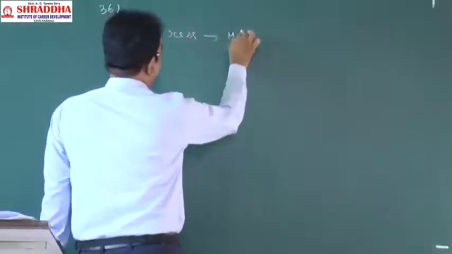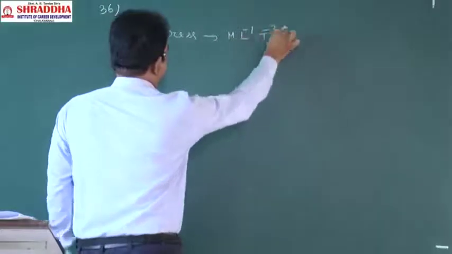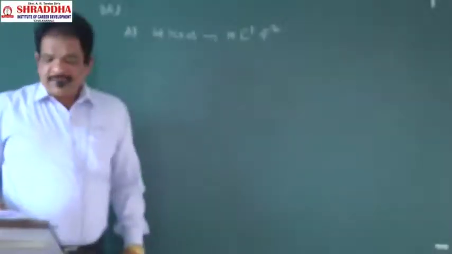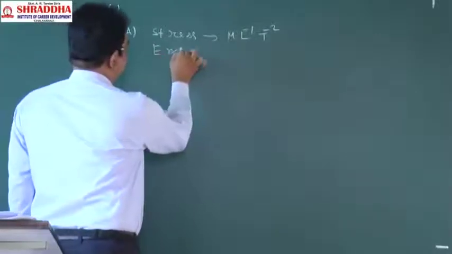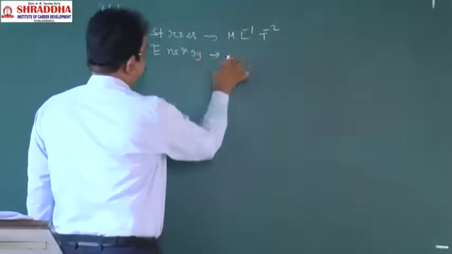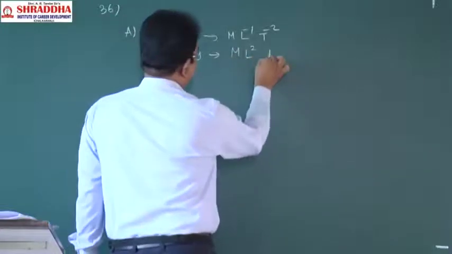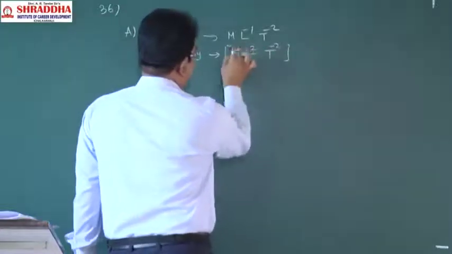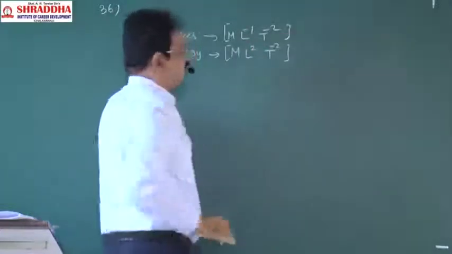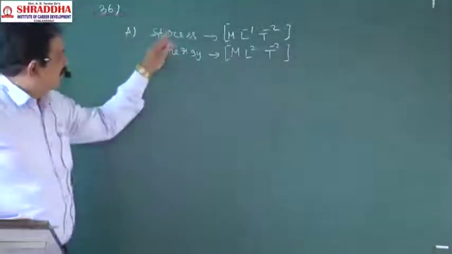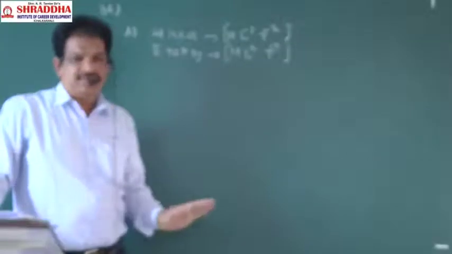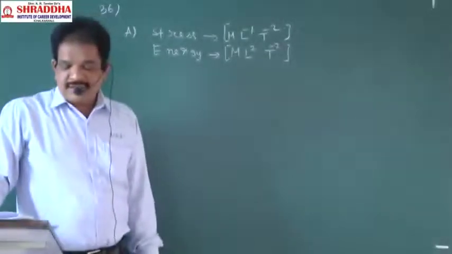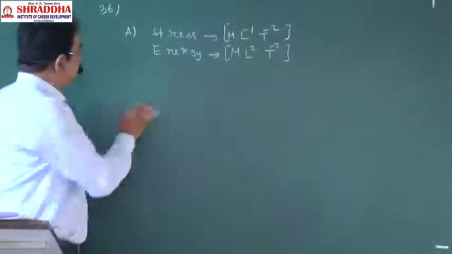Stress dimensional formula is M L power minus 1 T power minus 2. Energy dimensional formula is M L square T power minus 2. Clear? Whether these two have the same dimensions or not, no. Their dimensions are different.